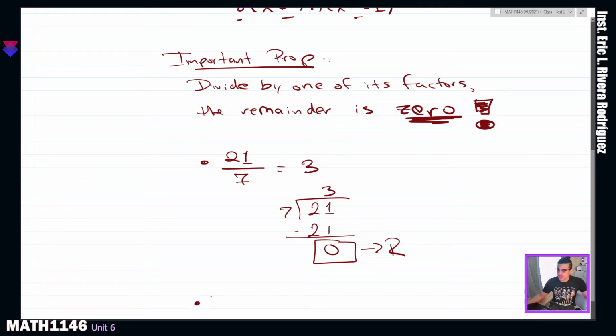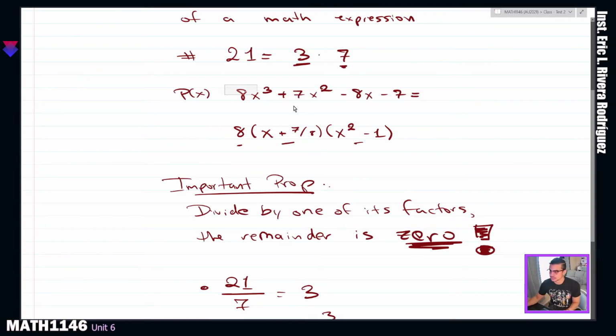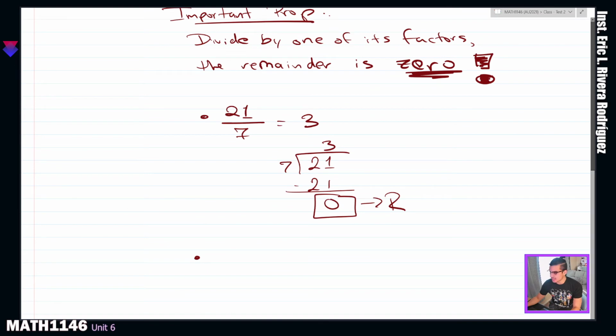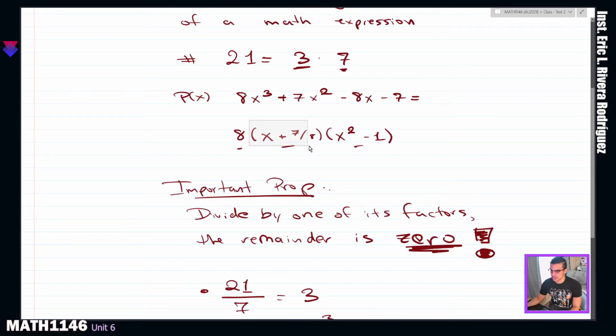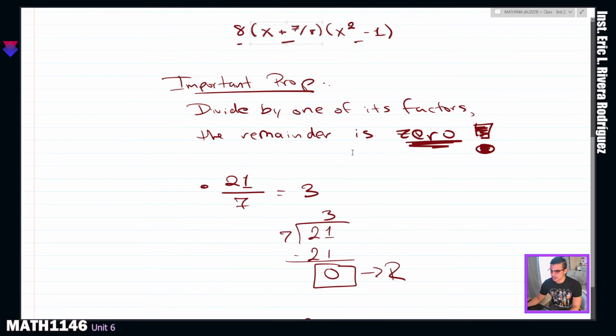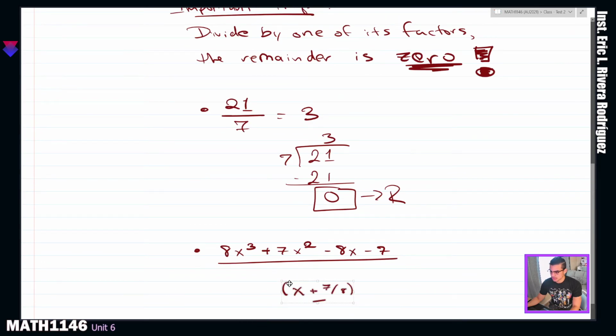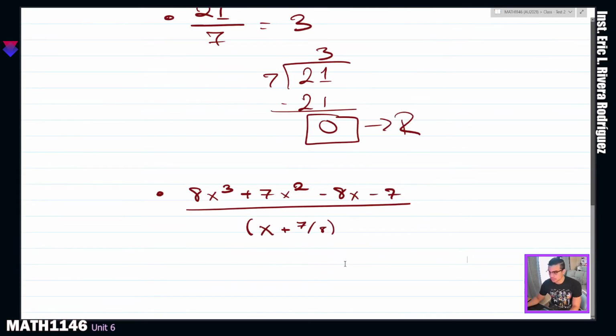We can see if we can apply this same property to polynomials. Yet for polynomials it's going to be a bit more complicated because we are not used to dividing polynomials.